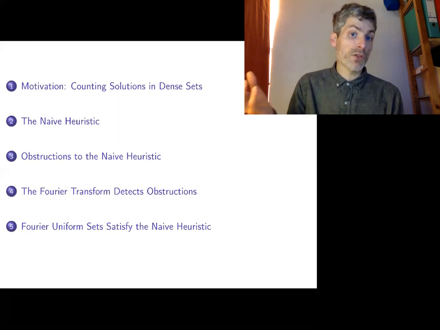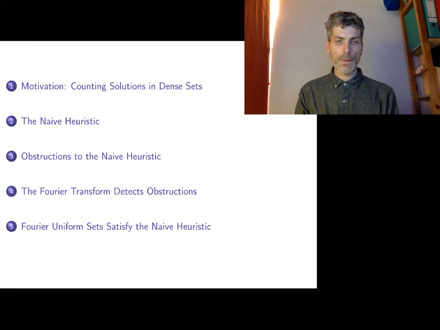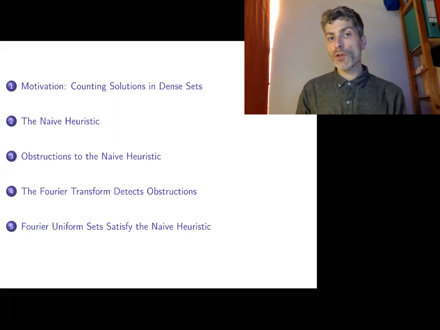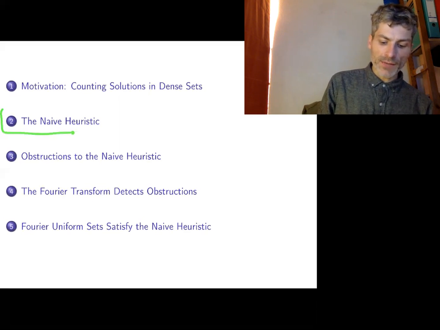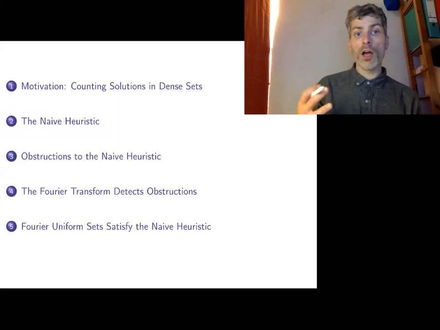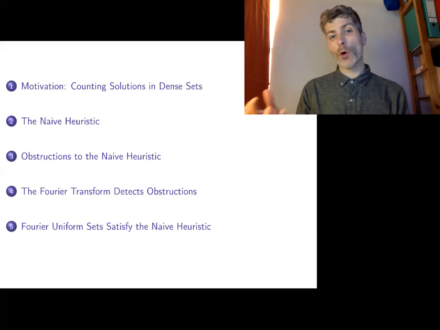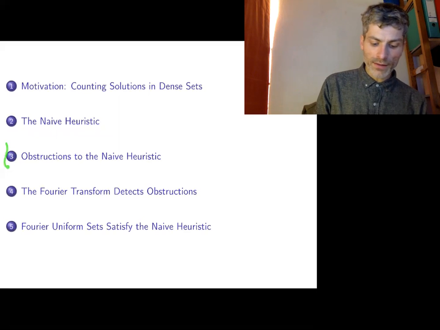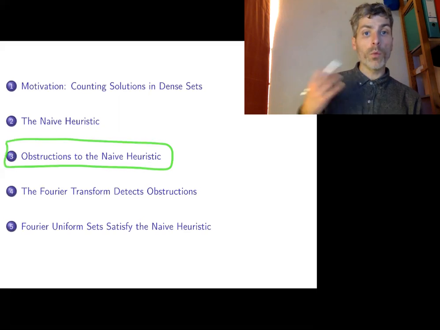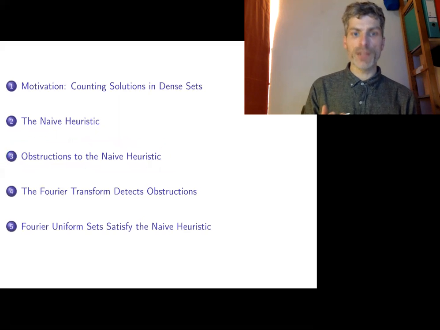It's got, say, positive density. So how many solutions to an equation should you expect in such a set? We'll first discuss the naive heuristic, a heuristic ballpark figure of the order of magnitude. And then we'll talk about when that naive heuristic goes wrong. What are the possible obstructions to the naive heuristic holding?